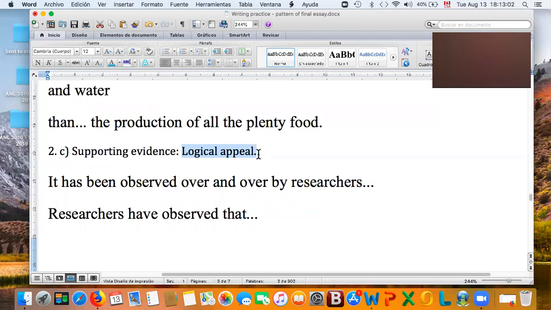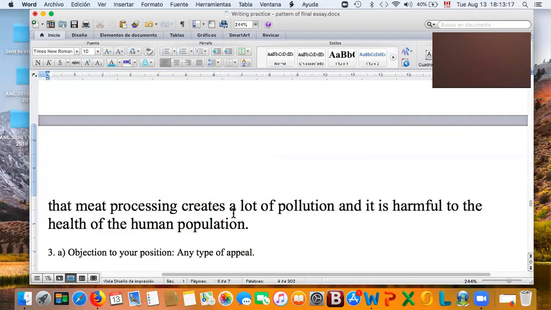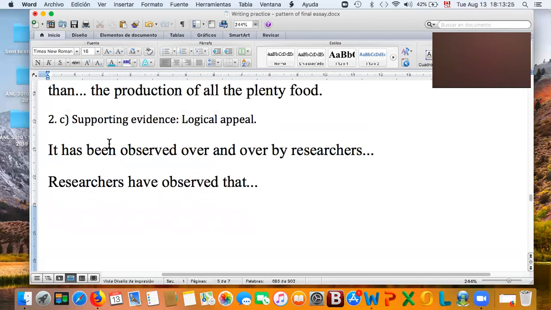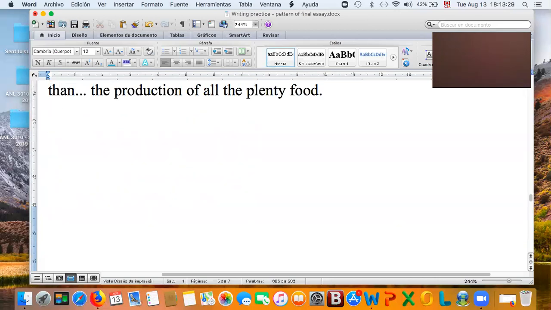It does not appear illogical. So it has been observed over and over by researchers, that sounds to me like ethical appeal. Researchers have observed that also sounds like ethical appeal, that meat processing creates a lot of pollution and it is harmful to the health of the population, the human population. Let's take this down here and look at it.